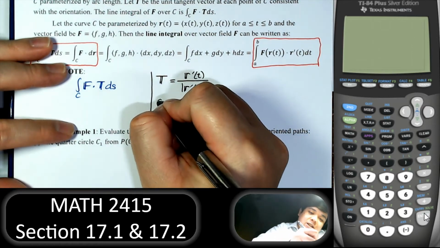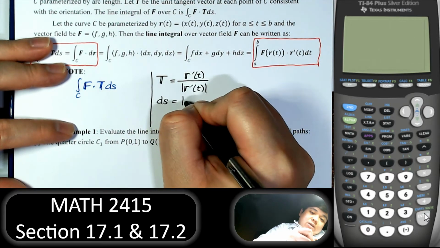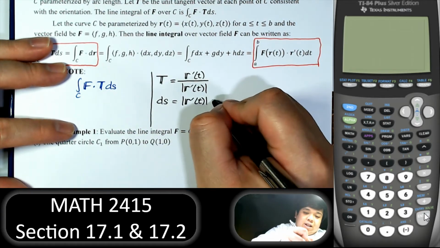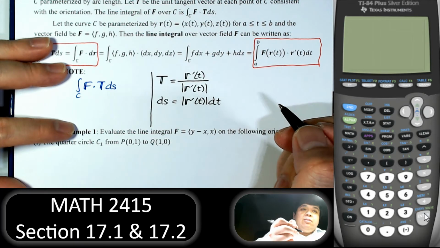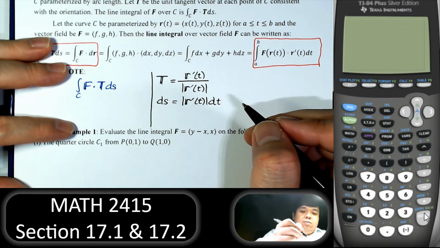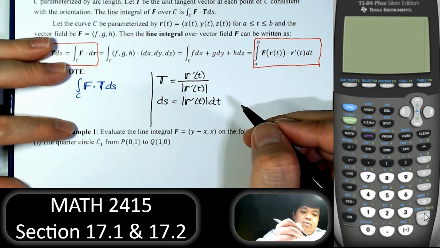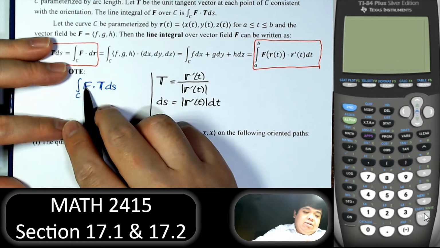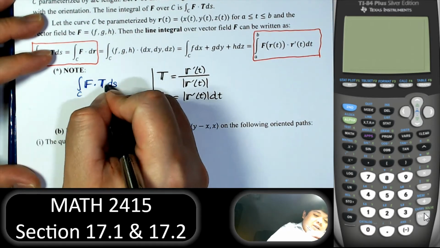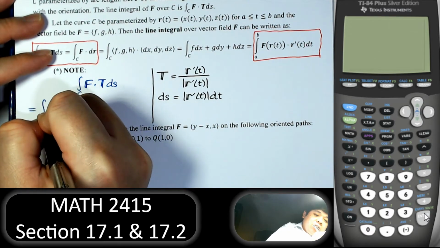And what is ds? Well, we talked about this many times. The magnitude of the derivative times dt. And then F in terms of t. So that's pretty much it. So now just substitute everything we have.